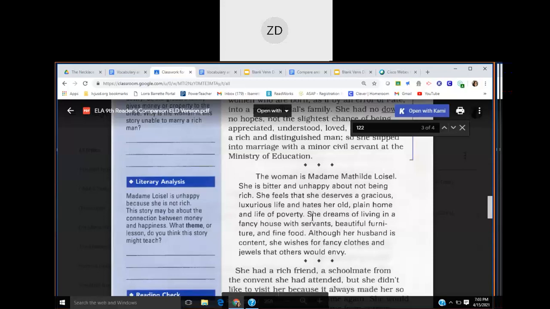She dreams of living in a fancy house with servants, beautiful furniture, and fine food. Her husband is content, but she consistently wishes for fancy clothes and jewelry that others would envy.